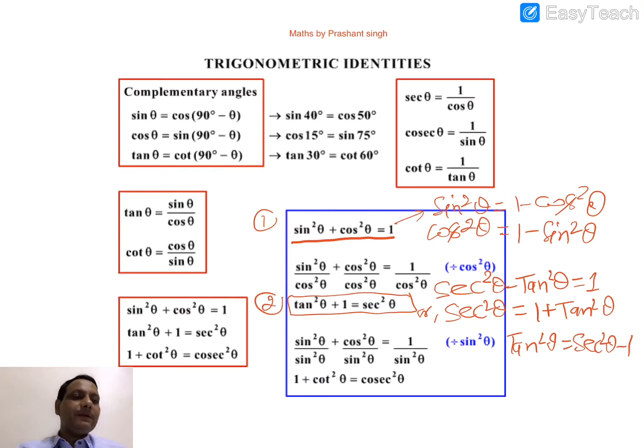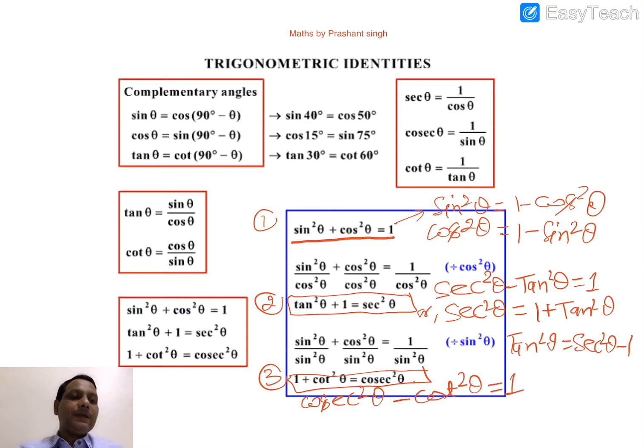Now the third identity, which is very popular, is the relation between cosec and cot. You can say 1 plus cot square theta is equal to cosec square theta, or generally it's memorized as cosec square theta minus cot square theta is equal to 1.